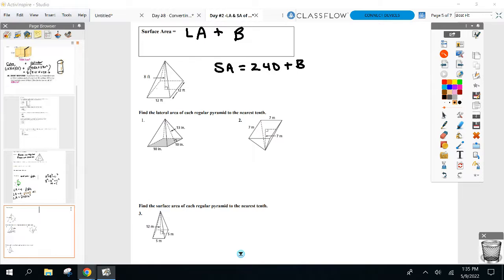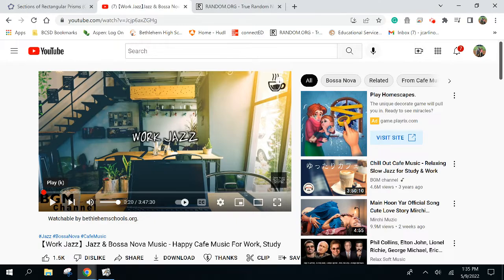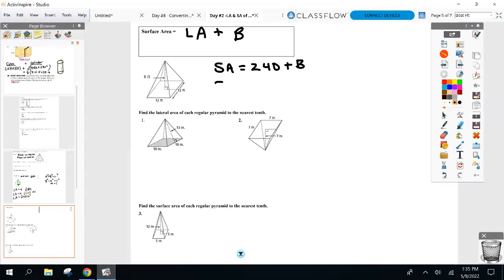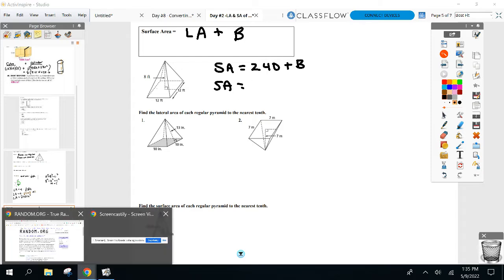How are you finding the area of that base? Calling my first numbers here today. 22. How do I find the area of that base? One job. Where is he?